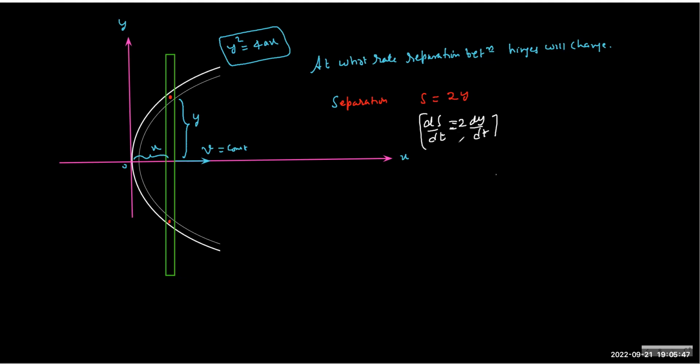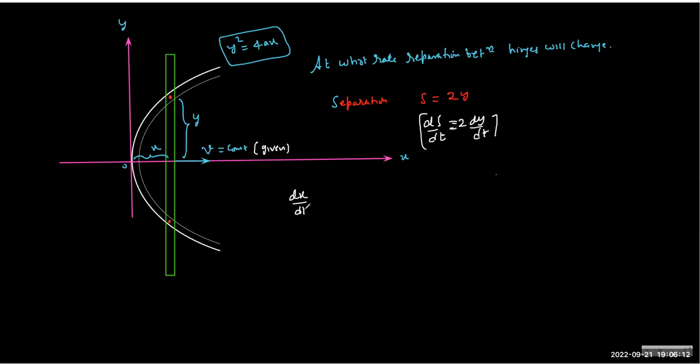And we can find dy by dt because we know dx by dt, isn't it? Can we? What is given to us? v is constant, given. So mathematically, what is given to us? Tell me, guys. What does v represent? dx by dt.